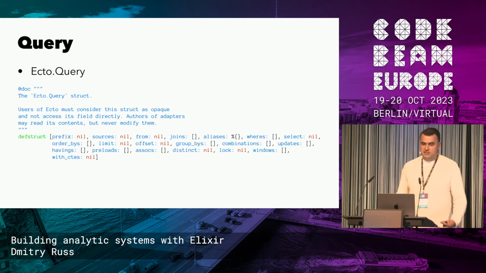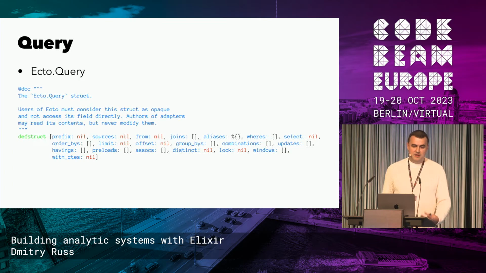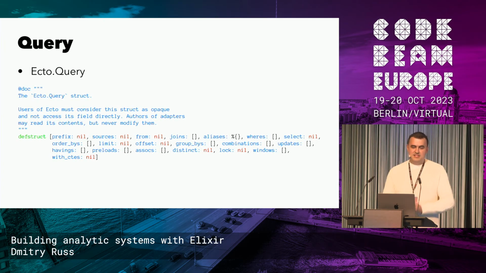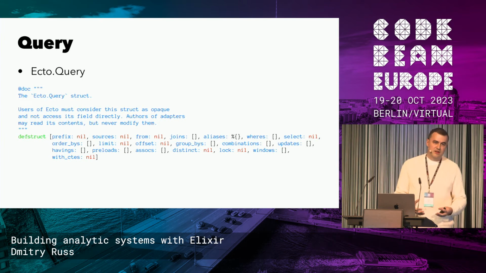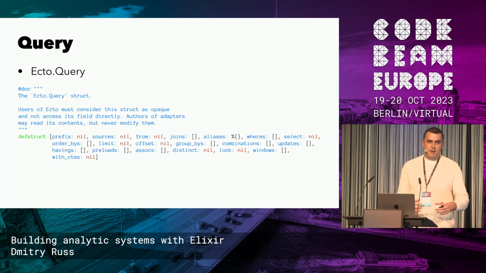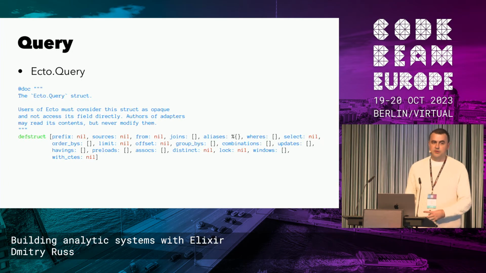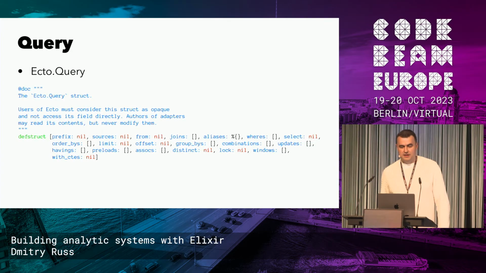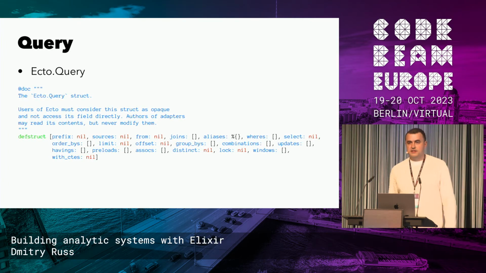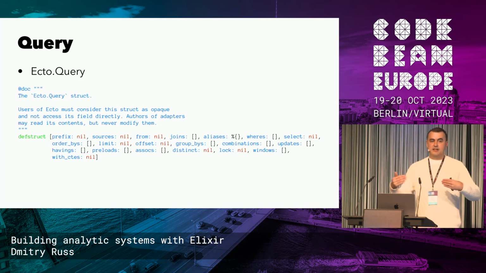Actually, on one of the systems we thought, okay, if we could reuse Ecto query and just build an Ecto query and then let Ecto give it to the database, then we would not need to produce any SQL queries and so on by ourselves, which would probably simplify this task. But it's not possible with Ecto if your system involves any unknown sources.